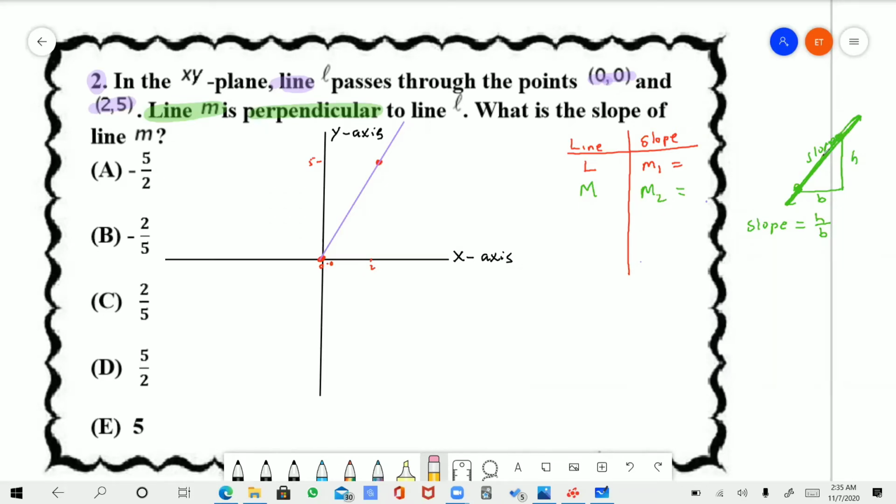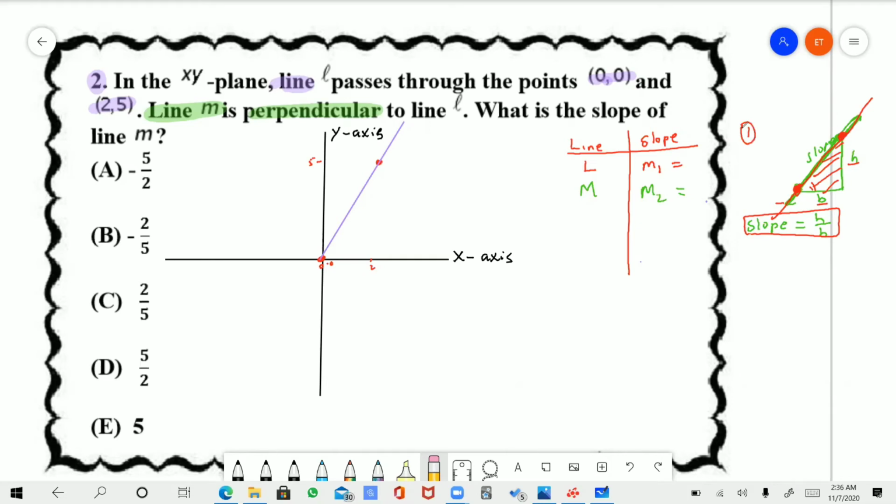So again, let me go one more time because this is confusing to many students. If you are asked to find the slope of a line, of the red line, you need 2 points on that line. And from those 2 points, you connect them to create a triangle. And the height of that triangle divided by the base is the slope of this line. Okay? So we're going to use that principle to find the slope of line M. So this is the first principle we need to be aware of, right?